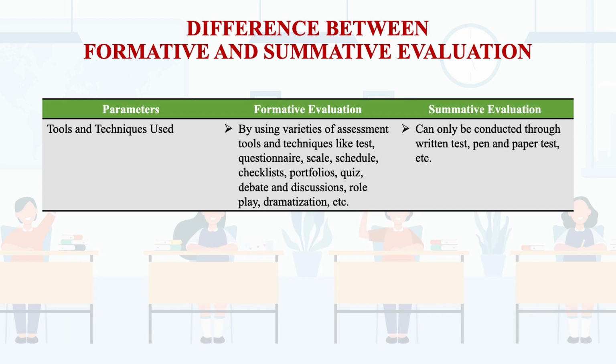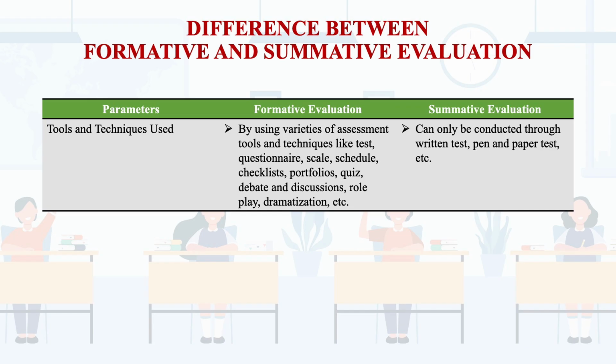Another parameter is tools and techniques. Formative evaluation uses a variety of tools, given the diversified nature of the learners: the learner's background, language, culture, and other different aspects. So a single tool is not fruitful for assessing achievement and other aspects of the learner.